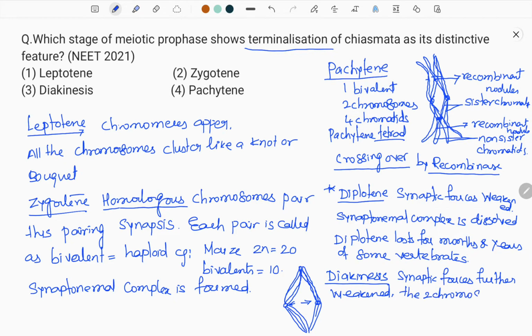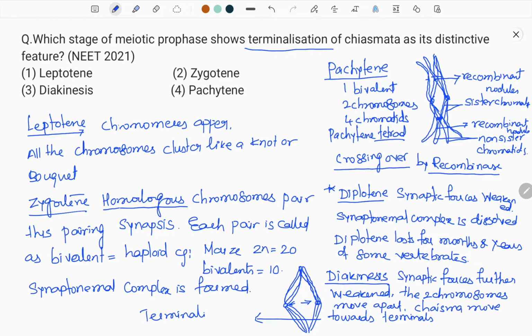The two chromosomes move apart, as the chiasmata move towards the terminals, which is called terminalization.